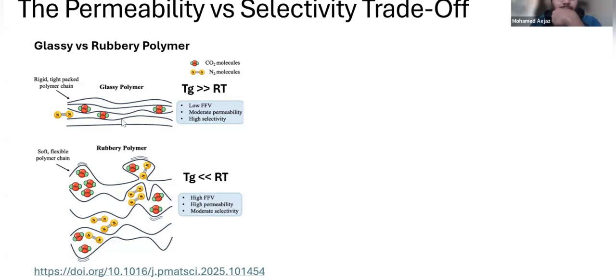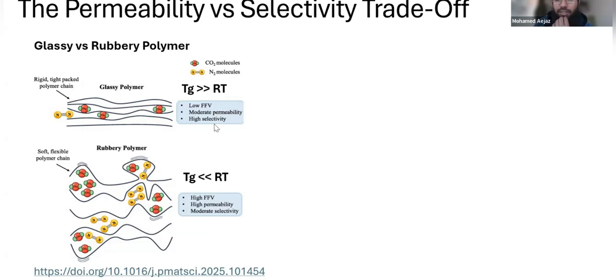So what happens in glassy polymers is you have voids. You have these empty spaces, so you have a low free volume, but these free volumes are frozen, because when you have a polymer in a glassy state, the atoms or molecules in your polymer are frozen in motion. So you end up with low free volume, and they are stiff, they are rigid.